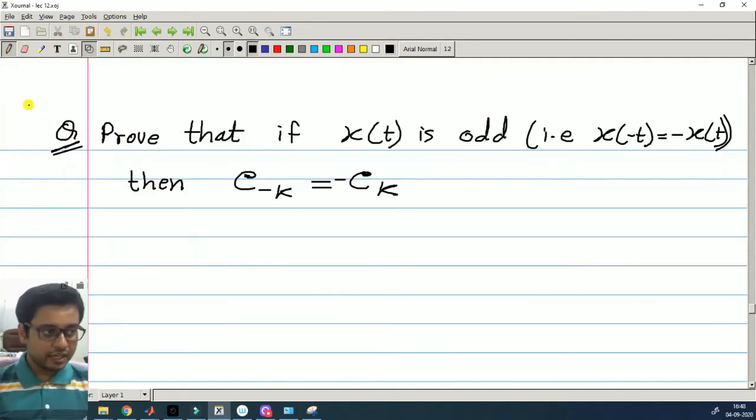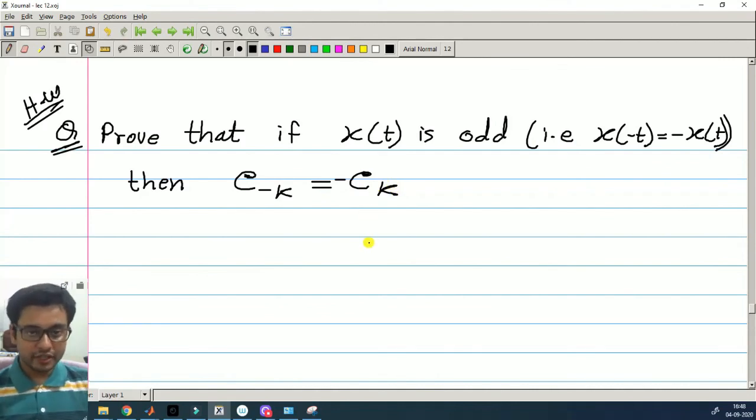Next, I shall leave it as a homework for you to prove that if x(t) is an odd signal, that is x(-t) is equal to minus x(t), then C minus k will be equal to minus Ck.